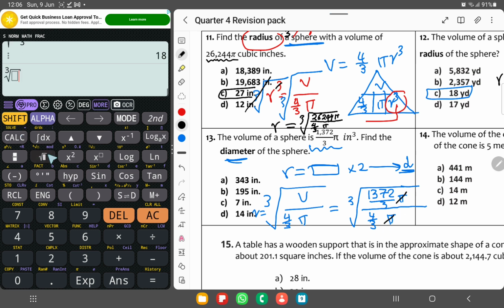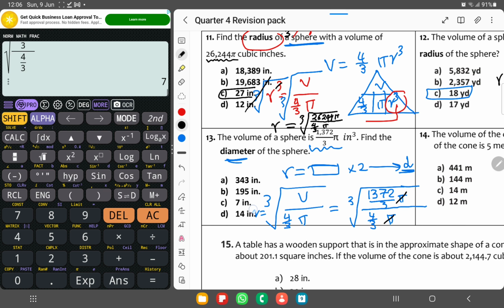So now cubic root, first fraction, the large fraction, another fraction up, which is 1372 over 3. Let's go down to the second fraction here, 4 over 3. It equals 7. So the answer is 7 or 14.